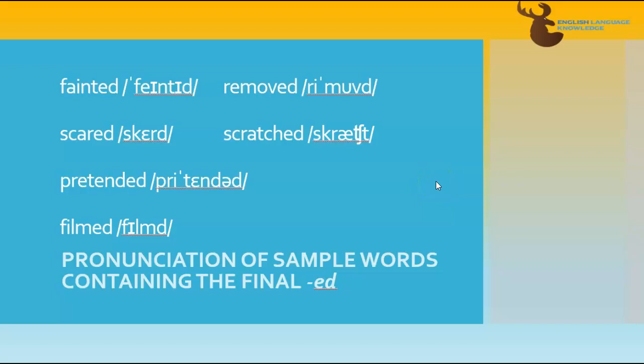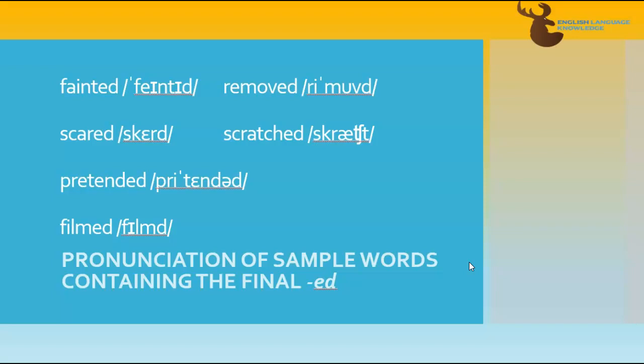Scared, the final ed is pronounced d. Scratched, here, then the final ed is pronounced t. Then pretended, the ed is pronounced as an extra syllable, okay, in that word. And the word filmed, the ed is pronounced d. In all those words, the rules are being applied.